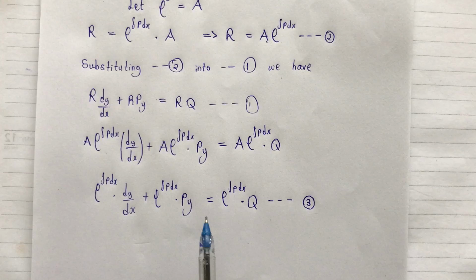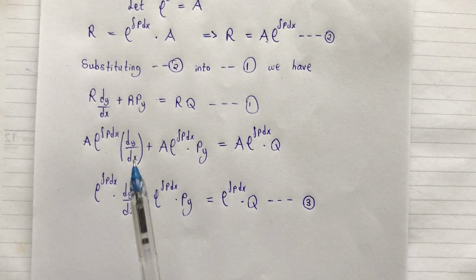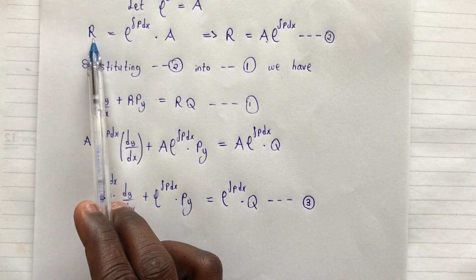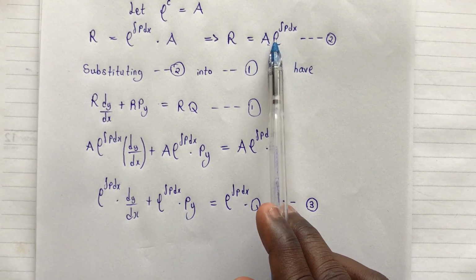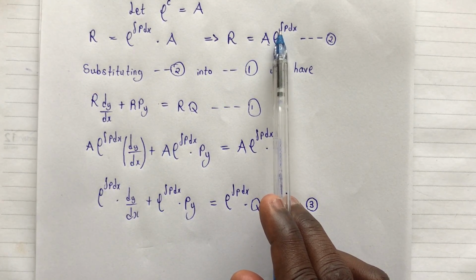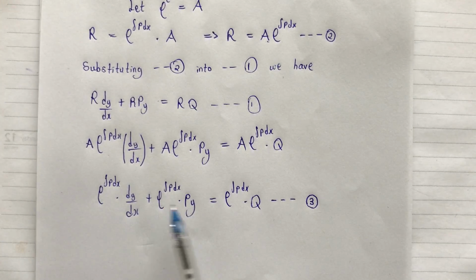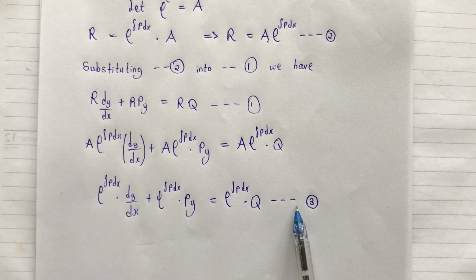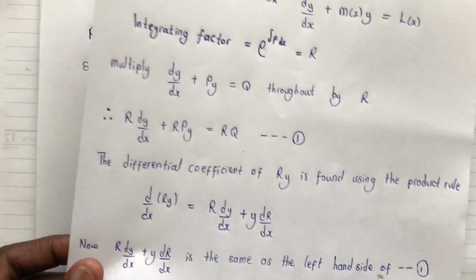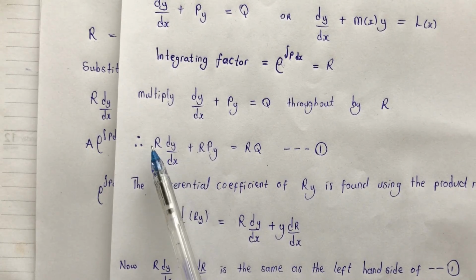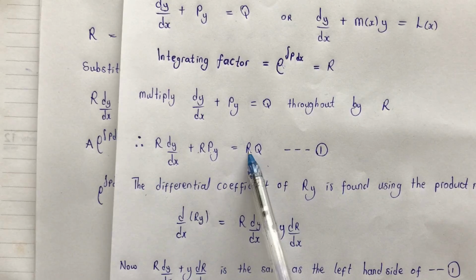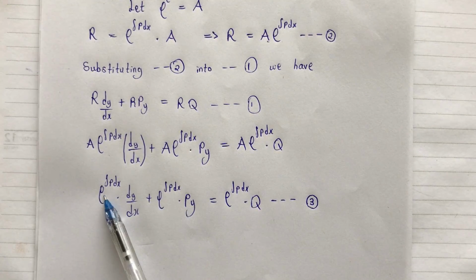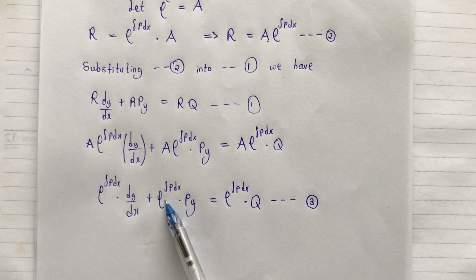You can see that by the end of the day we have been able to use r to generate the integrating factor, which is e to the integral of what? P dx, and we have substituted this here. This equation 3 is the same as equation 1. When you look at this, this is the same as r, this is the same as r.